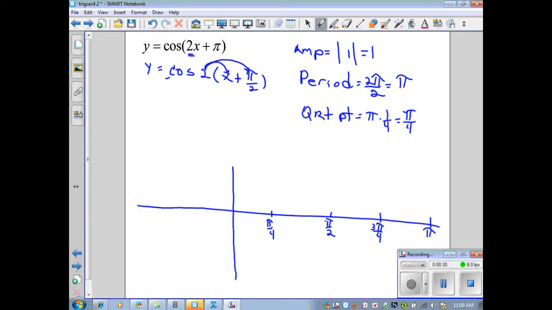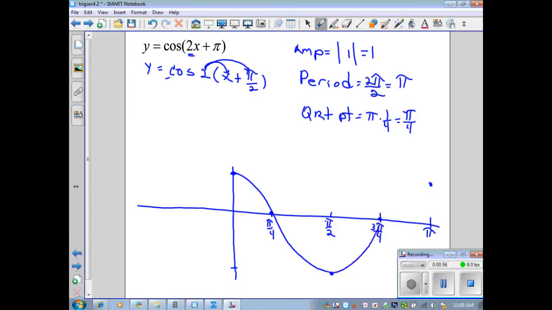Now, recall that cosine starts off my origin, and that starts at my amplitude of 1. So I have my first point at 1, and then I continue through the quarter points of 0, negative 1, 0, and finishing what I started with, which is 1. Then I connect the points with a smooth curve.